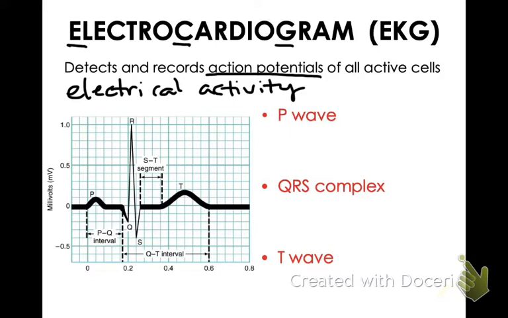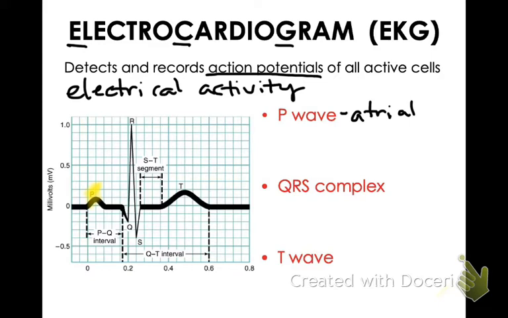The P wave in the diagram that you can see is this small little bump right here. And that P wave is going to be the depolarization of the atria. And instead of saying depolarization, I'm going to say it in a different word.